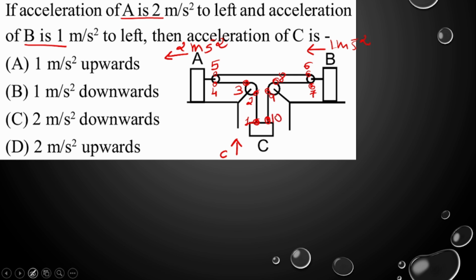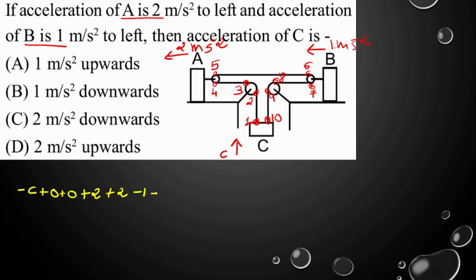Okay, applying the point method. Point number 1 is decreasing the length, so for that minus C. Point 2, that is 0. Point 3, that is 0. Point 4 is increasing the length, so for that plus 2. Point 5 is increasing the length, so for that plus 2. Point 6 decreasing the length, so for that minus 1.